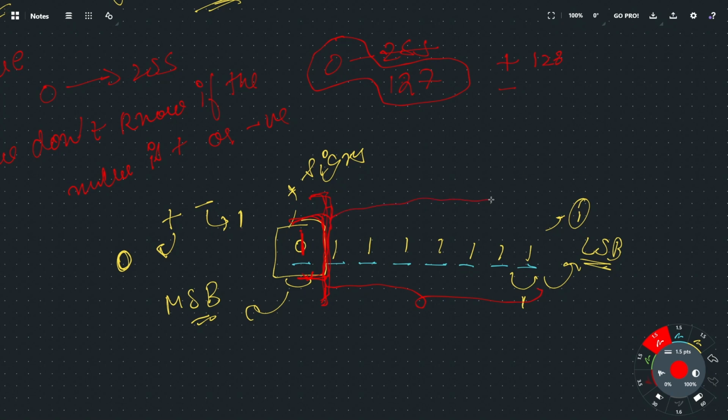So if all bits are set and it's a 1 here, I know it's negative 127. So the range comes out to be negative 127 to 127, right? So that's the range that we come out to.